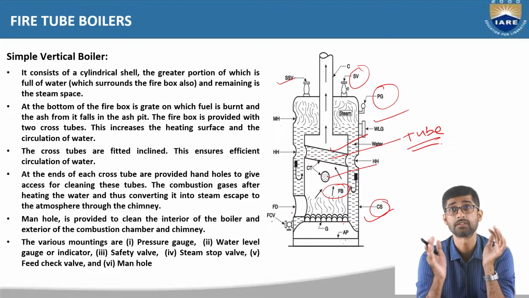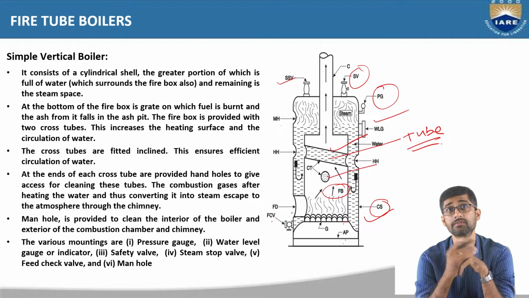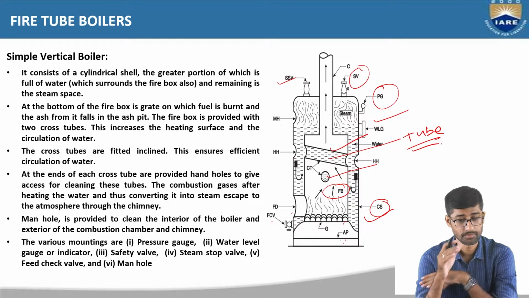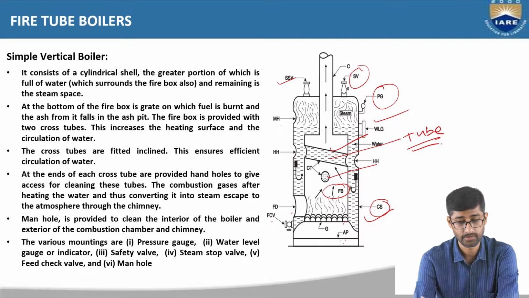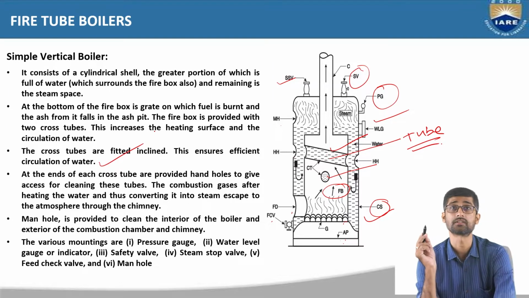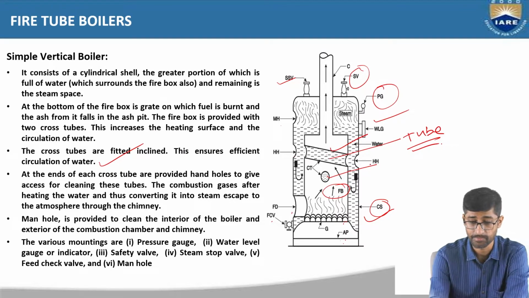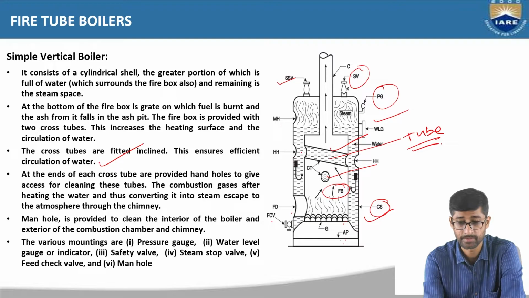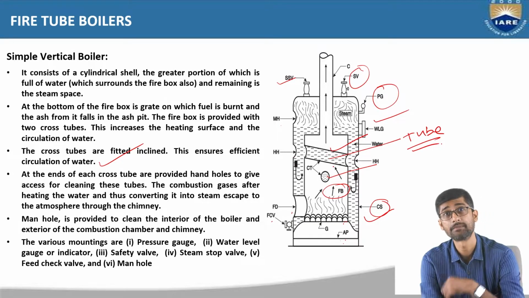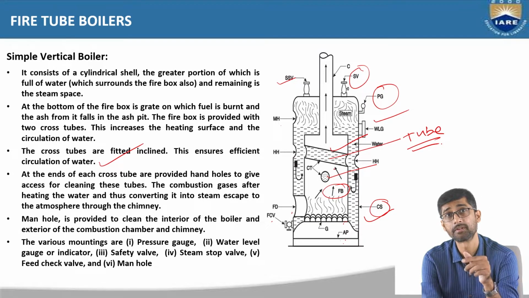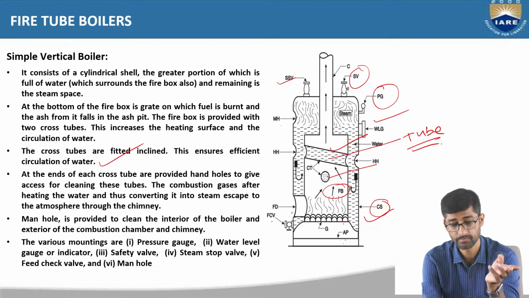This is the purpose of inclined tubes, not straight tubes. The cross tubes are fitted inclined, and this ensures efficient circulation of water. At the end of each cross tube there is a hand hole to give access for cleaning purposes. Every time, after completing the experiment, we have to clean the tubes. That's why we are giving hand holes.